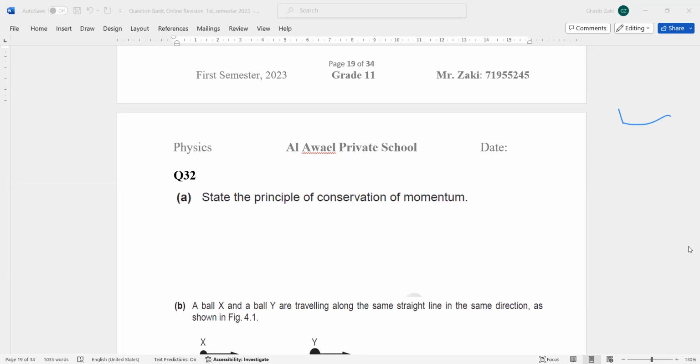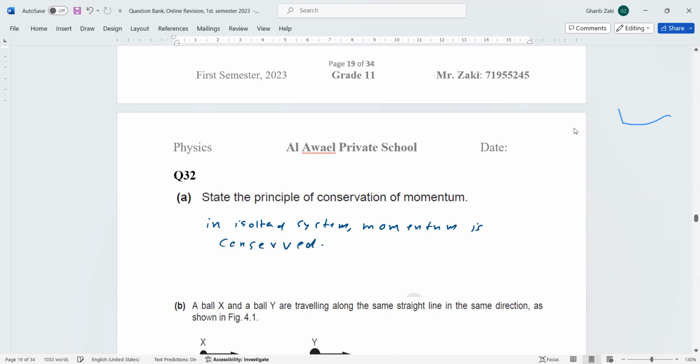The conservation of momentum: in an isolated system, the sum of momentum, the momentum is conserved. This is the definition.